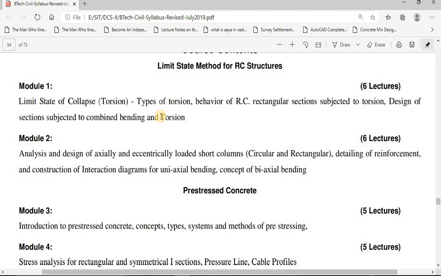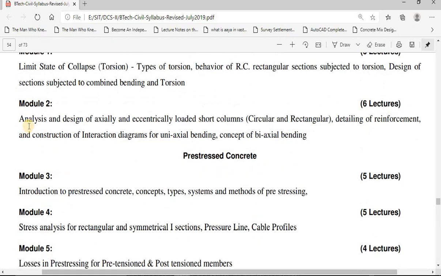Further you can see in module number 2 we are going to study the analysis and design of axially and eccentrically loaded short column. You can see there are 2 types of column. One is short column, another one is long column.